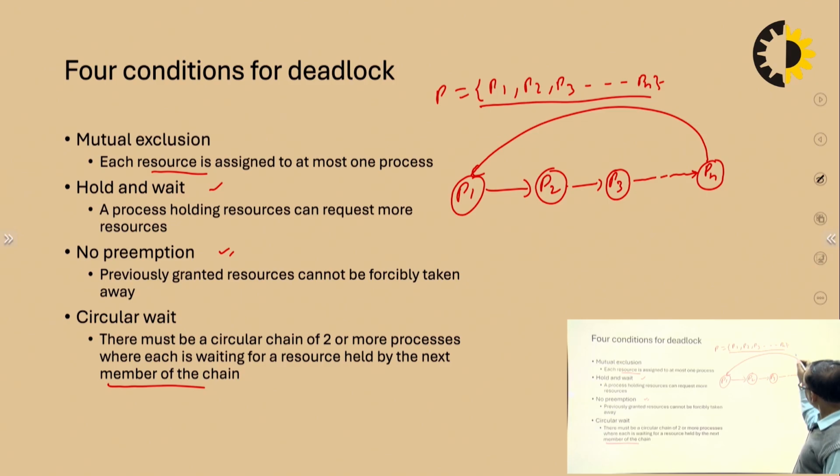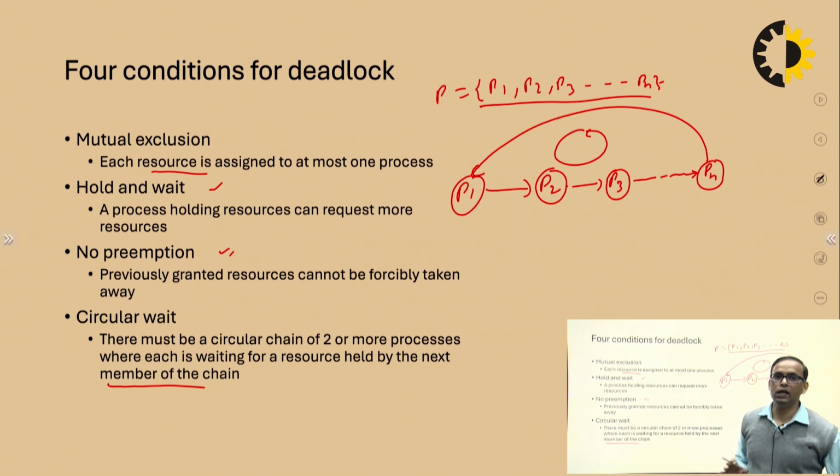In the last, process Pn is waiting for a resource held by process P1. So here a cycle is formed, and this condition is known as the circular wait condition. Here a chain is formed of the processes in the process set, and a cycle is also formed. So to say that there is a deadlock situation in the system, at first we have to check that all these four conditions are satisfied.